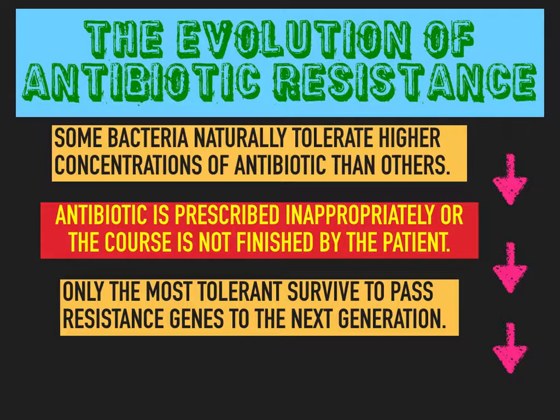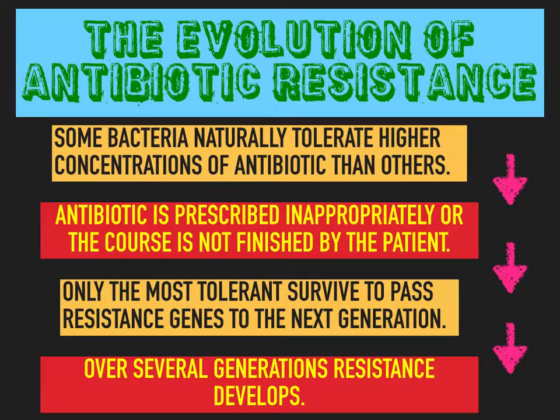These ones then survive and they pass the resistance genes onto the next generation. If this happens once or twice, it's not a huge problem, but over several generations, the resistance builds up and builds up until the antibiotic is completely ineffective against that strain of bacteria.